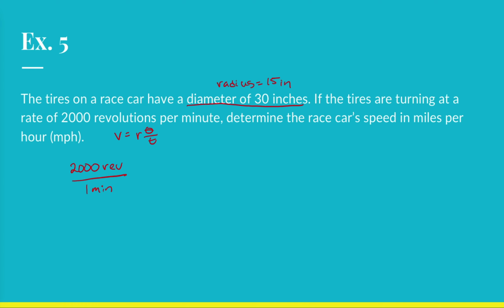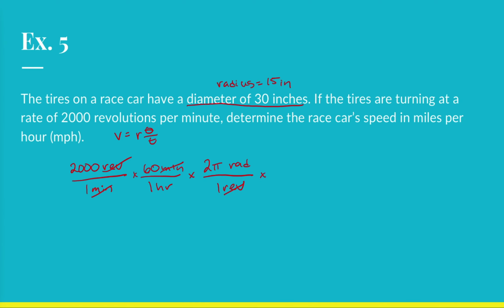So let's turn these minutes into hours: 60 minutes in 1 hour. So now we've got revolutions per hour. We're going to turn these revolutions into radians by multiplying by 2 pi. So now our revolutions cancel out, and we've got radians per hour.